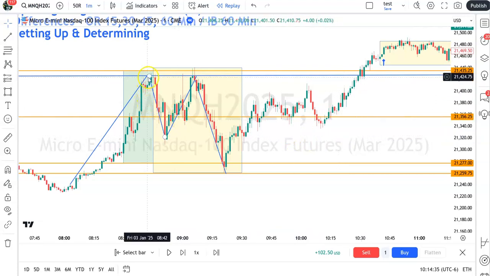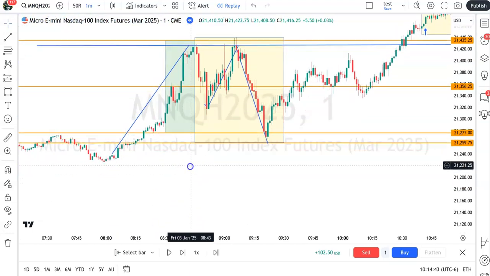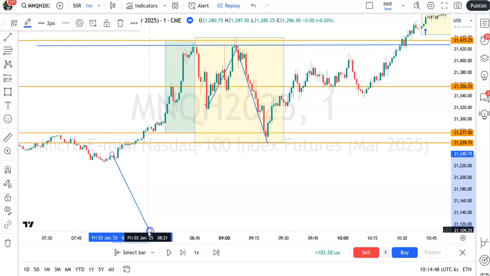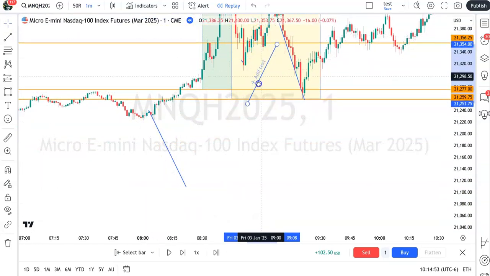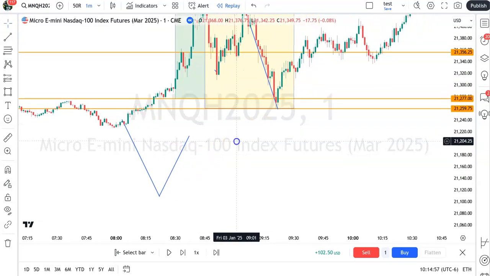Now, the other thing you'll see is the opposite. It's called a W pattern, and that's on the way down. So it'll be the same as this. Let's bring this down, except on the short side. So we'll get a leg down. We'll get a leg back up.